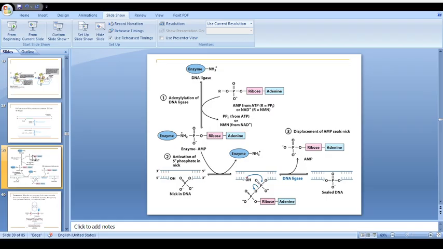It carries out transfer of a phosphate group to the nicked region containing DNA. Once the phosphate group is added, it carries out a nucleophilic attack on the hydroxyl group of the previous fragment and gets sealed. And during this process, AMP is released after sealing is over.